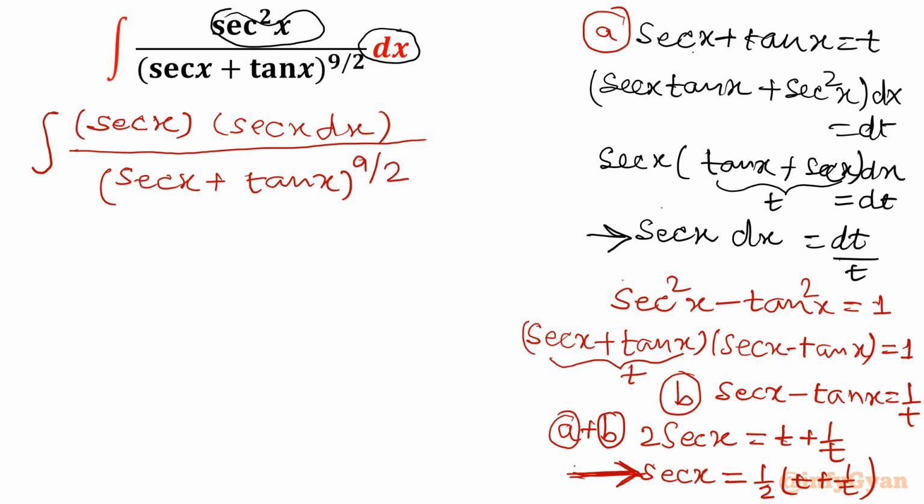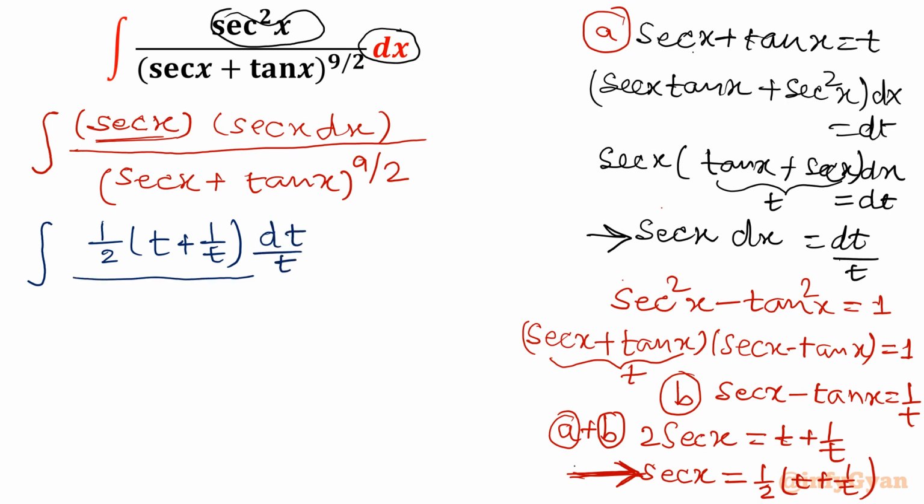Now the first sec x, this bracket, I will replace by half of t plus 1 over t. The other sec x dx, I will write as dt over t. And our denominator is t raised to the power 9 over 2.